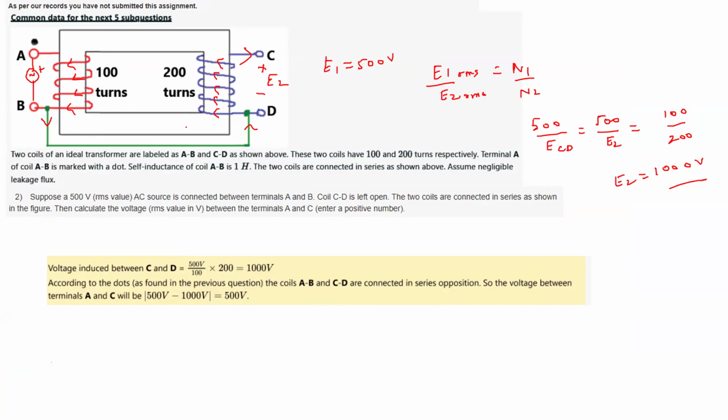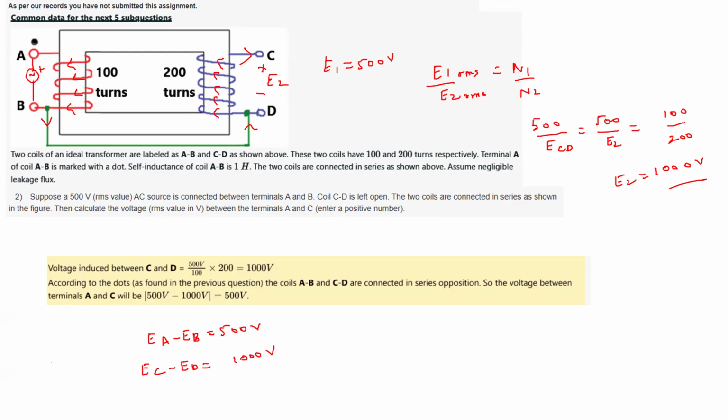Let us see. EAB, which is EA minus EB, is 500 volt, and E2 or ECD, which is EC minus ED, is 1000 volt.